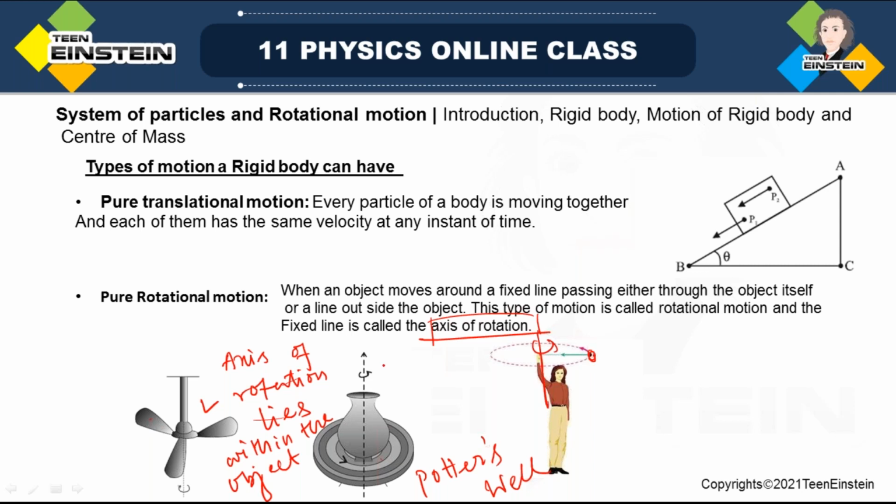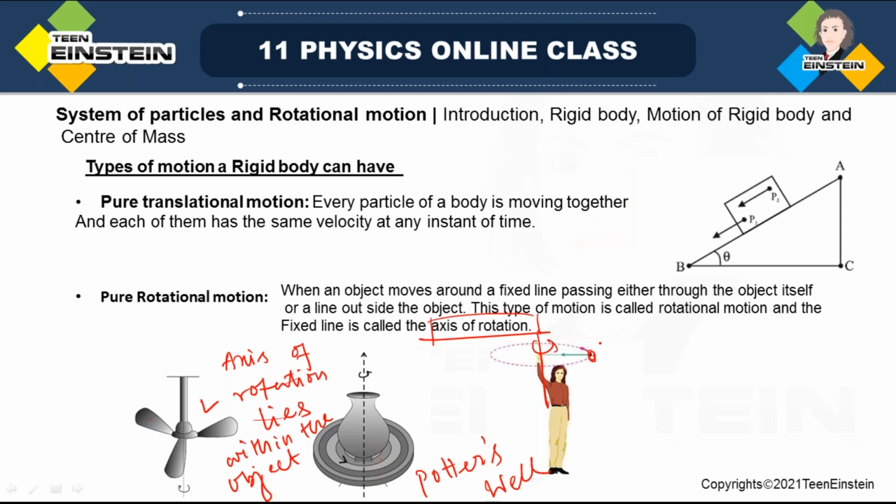So pure rotation is the motion where the object is moving about a fixed line or fixed point, or a line passing through a fixed point, and that fixed axis can be passing through the object itself, or can lie outside the object.